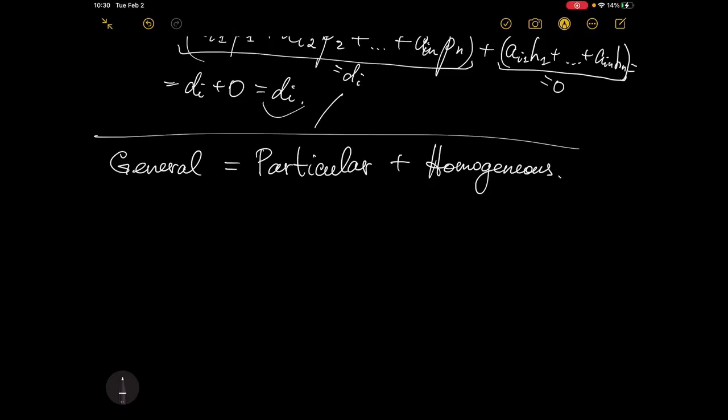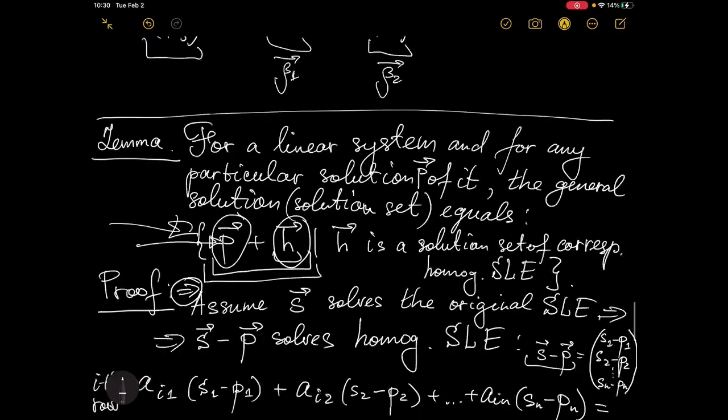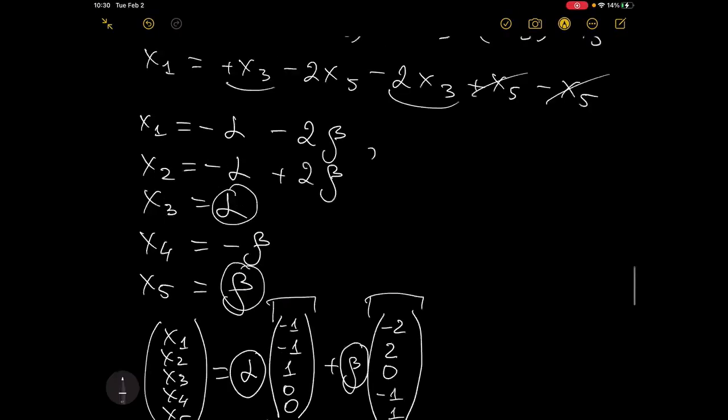Does the solution for a homogeneous equation always have to be 0, or could it be something else? No, no, no. I said that, have a look. Here, this is a solution set of the corresponding homogeneous system of linear equations.